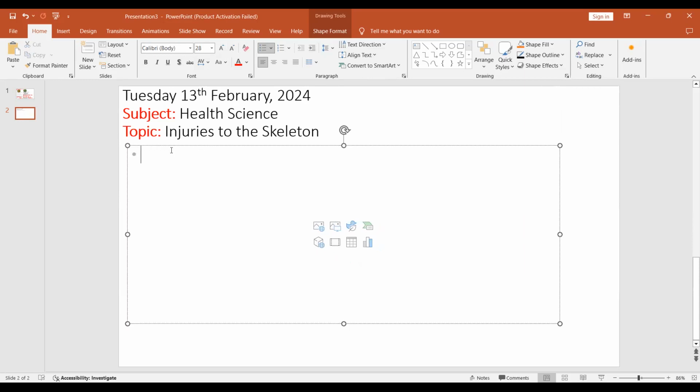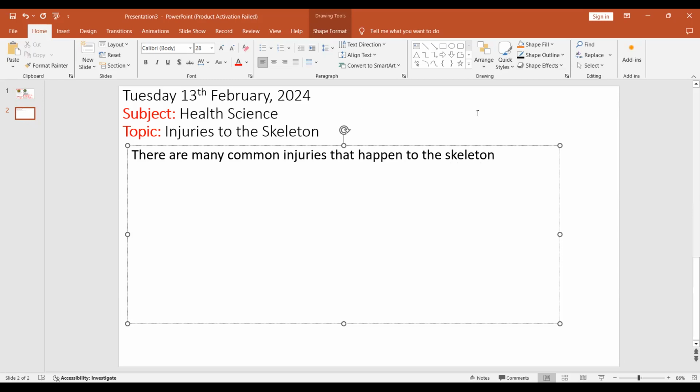Let's begin. So the first thing we're going to talk about is a fracture. So there are many common injuries that happen to the skeleton, such as, the first one we're going to be talking about is a fracture.